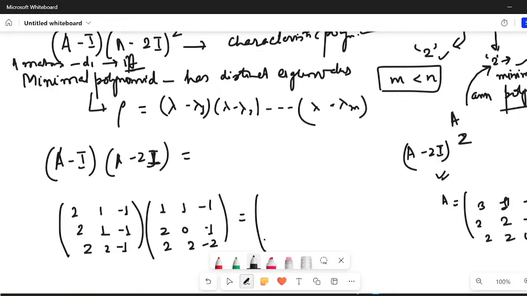And if I multiply this, if this is a minimal polynomial, let's say I'm considering, then what should I get? I should get a null matrix here, right? And if I'm not getting a null matrix, then this is not a minimal polynomial. What is a minimal polynomial? A minimal polynomial is a polynomial of degree less than the characteristic polynomial which annihilates our matrix, or our matrix satisfies that particular polynomial, right?